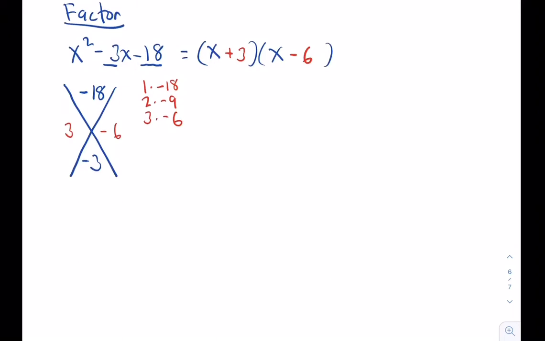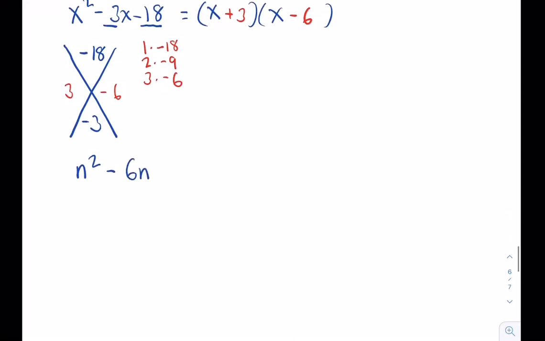Okay, we want to factor, say, n squared minus 6n. Same process. We'll make our x, put our c number, but there's nothing out here, so it's 0. And then our b number, negative 6. So you're going to find two numbers that multiply to 0 and add to negative 6.